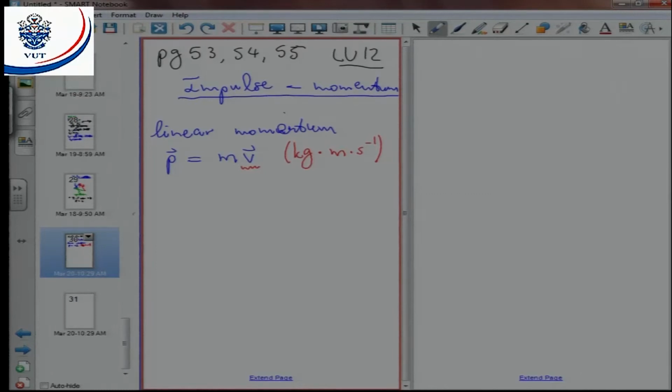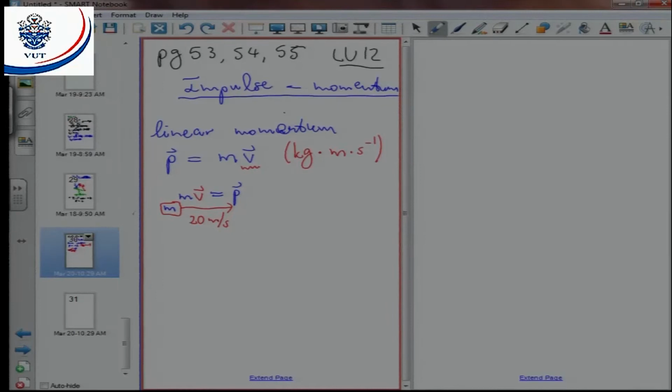So what is this thing? Remember that if you've got a block and it's moving in that direction with some speed v, say 20 meters per second, that's how fast the thing was moving. Now with momentum, we just need to multiply the speed by m, where m is the mass of the object, and now this vector becomes momentum.